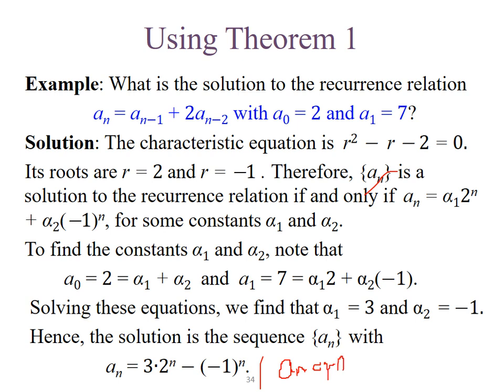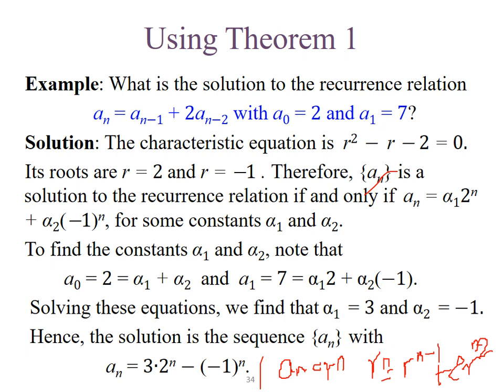So for the original equation, we have r to the power of n equals r to the power of n minus 1 plus 2 times r to the power of n minus 2. Once we replace it, we can divide by the common factor r to the power of n minus 2. Then for the left hand side, we have r squared. The right hand side, we have r plus 2.